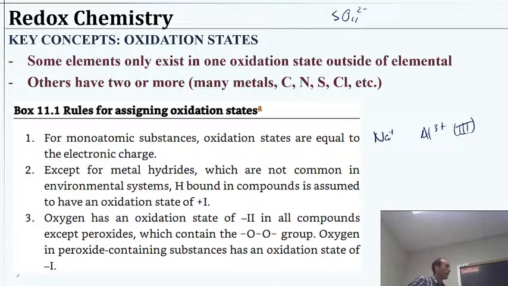So when we see it in water, or we see it in, let's say, sulfuric acid, H2SO4, the hydrogens are going to be +1. Oxygen is pretty much -2 in almost all situations.